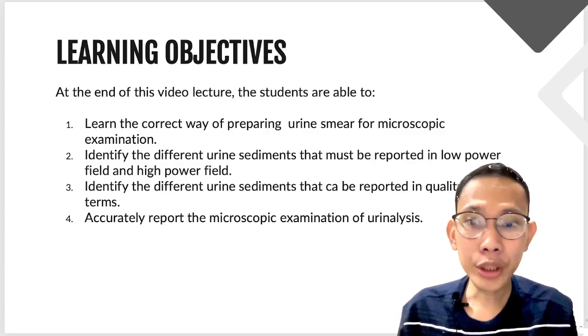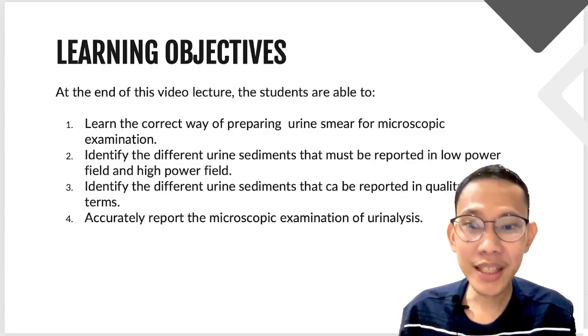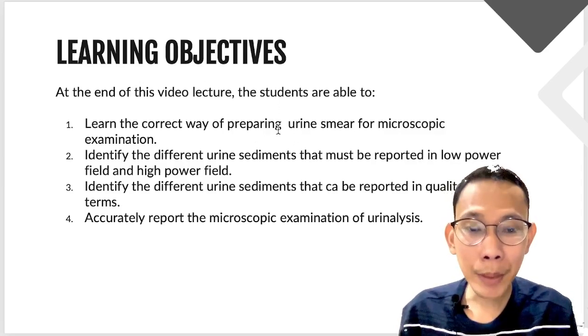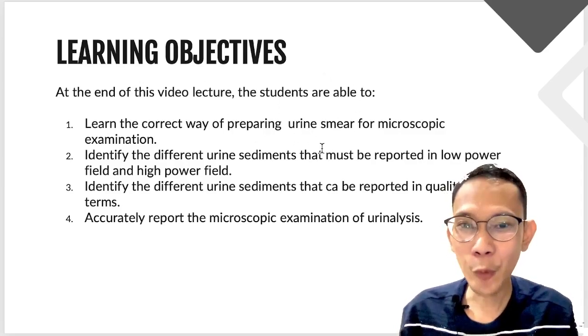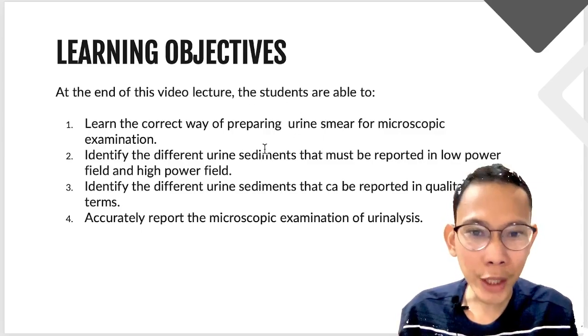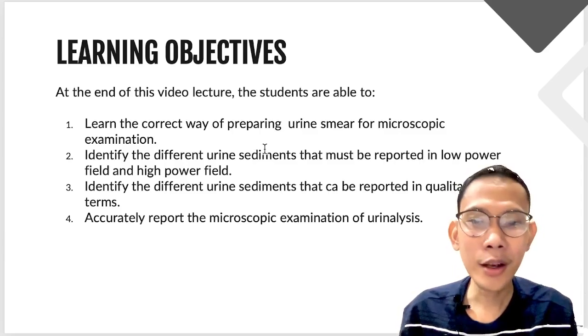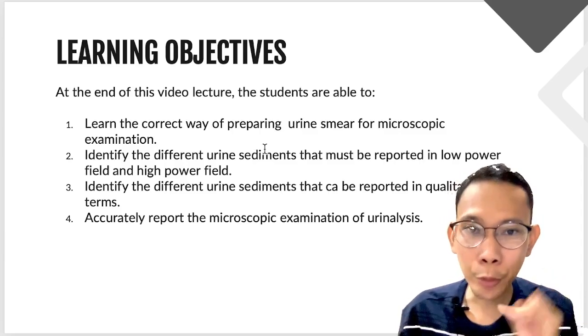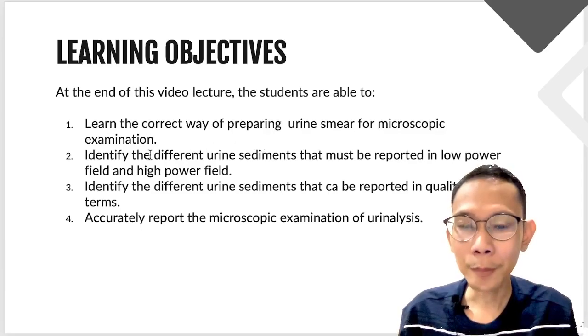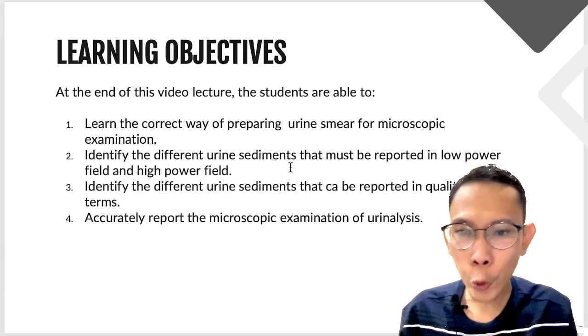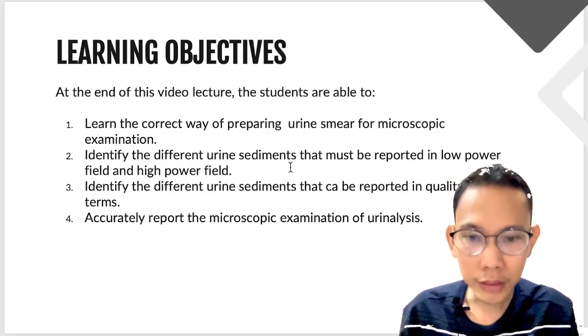So our learning objectives for today: at the end of this video lecture, the students are able to learn the correct way of preparing urine smear for microscopic examination. Again, if you cannot prepare the smear the correct way, then there could be an erroneous result, especially in reading and reporting your urine sample. Identify the different urine sediments that must be reported in low power field and high power field.